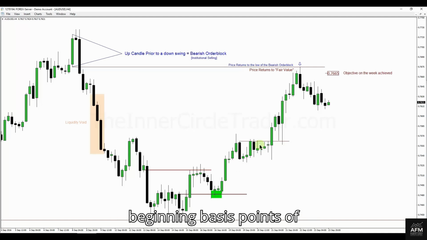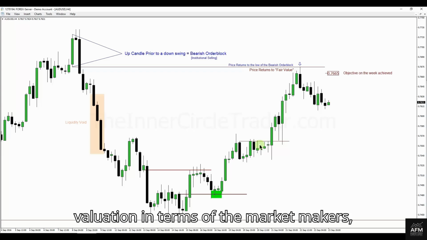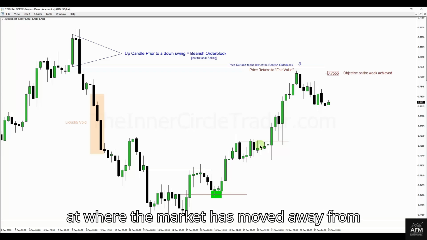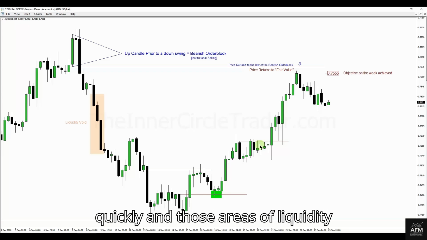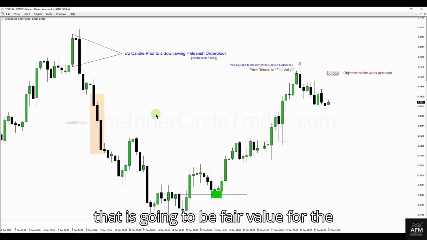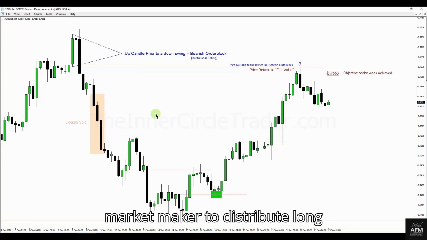For the beginning basis points of valuation in terms of the market makers, you have to look at the total range, and at where the market has moved away from quickly in those areas of liquidity voids and liquidity pools above old highs, here and here and here. That is going to be fair value for the market maker to distribute long positions.